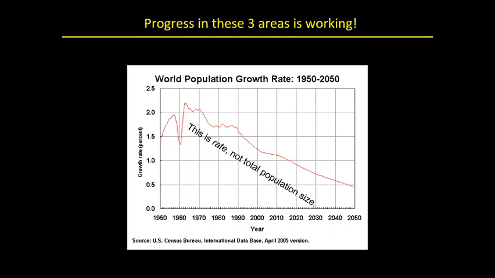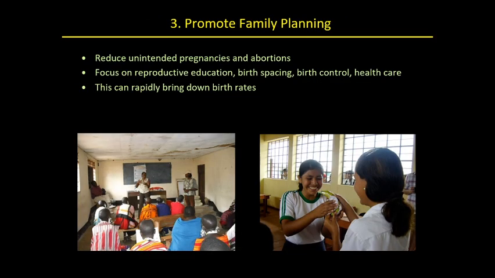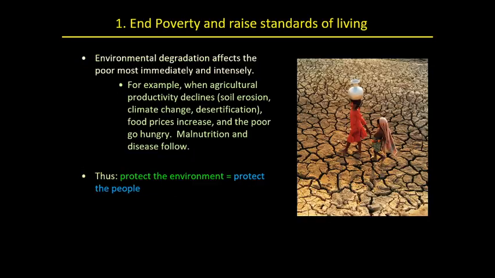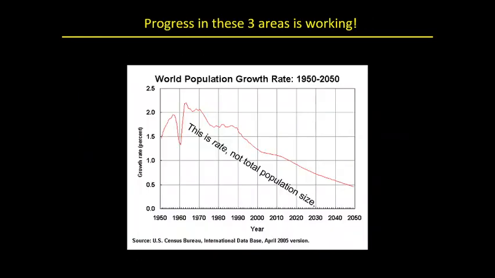This is the result of what we've just been talking about, which is empowering women and men to make choices about when they have children through family planning, empowering women through education and integration into the economy, and of course, efforts to address poverty and raise standards of living. Those things are paying off. It's working, and we need to keep going with this. People are better off as a result.